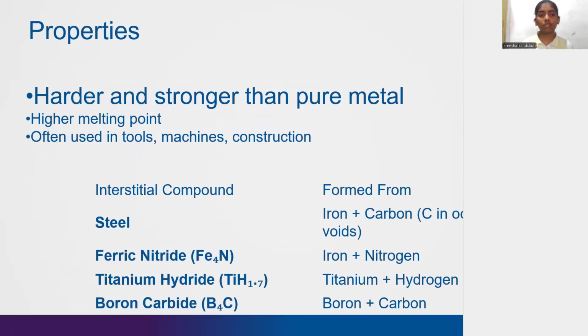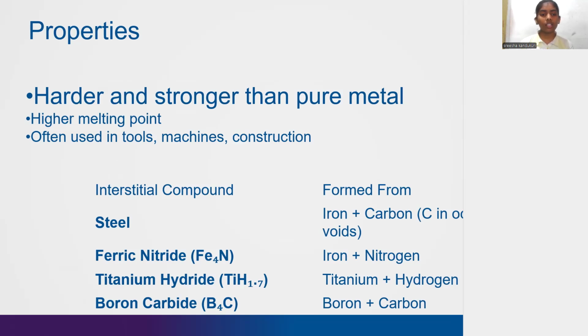So, properties. It is harder and stronger than pure metal. It has a higher melting point, often used in tools, machines, and construction. Examples of interstitial compounds are steel, ferric nitride Fe4N, titanium hydride TiH1.7, and boron carbide B4C.